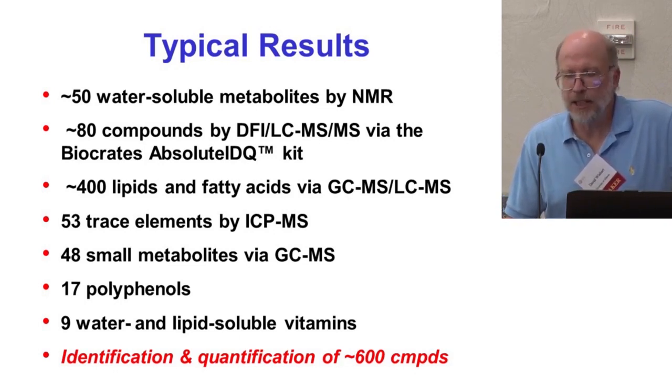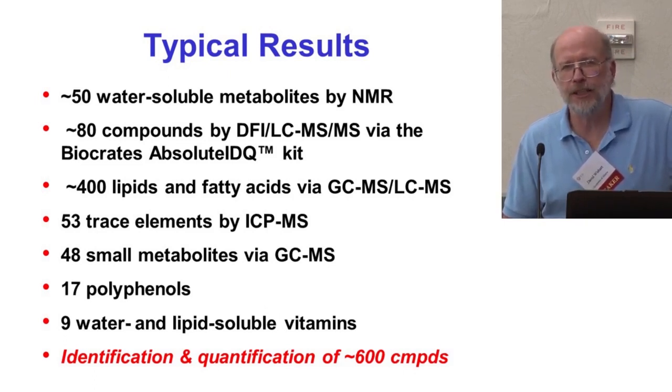In the case of mass spectrometry, between 80 and 100 compounds, about 400 different lipids and fatty acids. We did about 50 trace elements. We used gas chromatography to detect about 48 compounds. And then we had specialized assays to measure polyphenols and lipid and water-soluble vitamins. So with this metabolomics-based multi-platform approach, we're identifying and quantifying about 600 compounds for each food item.